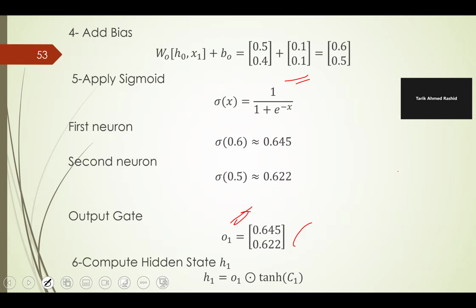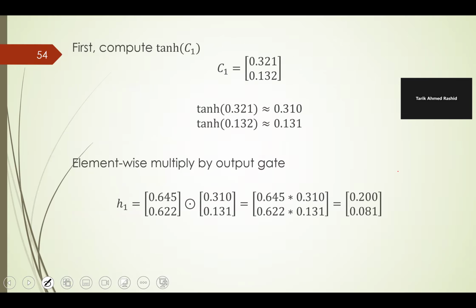So very simple. The dot means element wise. So 0.645 multiplied by 0.310 and 0.622 multiplied by 0.131, element wise. So that is H1.